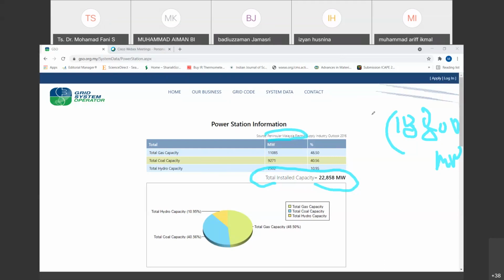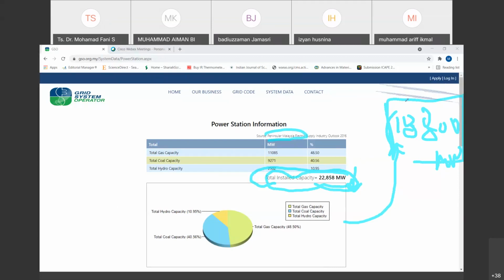So when we improve our load factor, as well as reduce the consumption of electricity and reduce the maximum demand, these consumers contribute to reducing the total maximum demand and reduce the stress on the generation to supply.